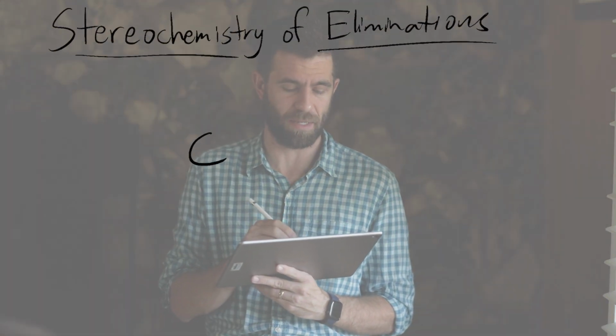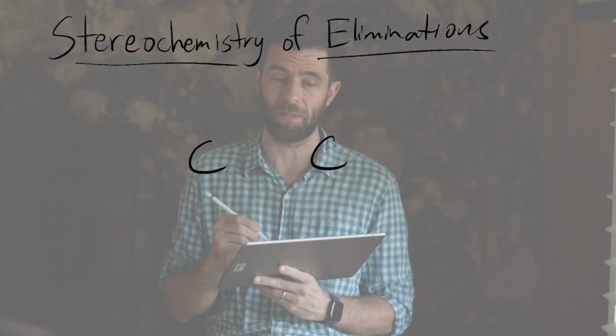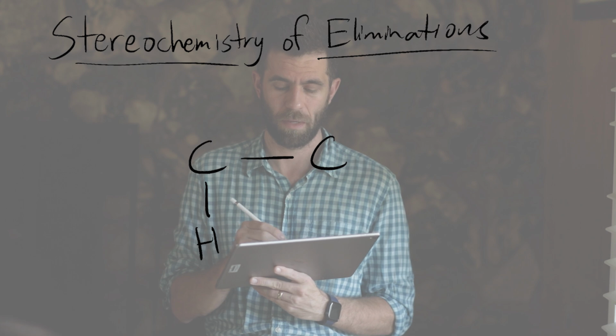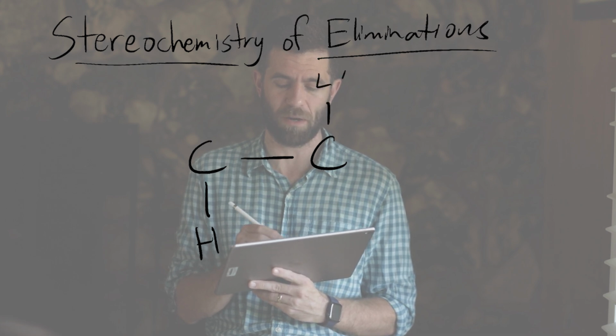So to talk about that, we need to talk about how elimination reactions work and how they're so effective. An elimination reaction is really, really effective, as you remember, because if we look at our two carbons, we have a proton here, and we have some leaving group here.